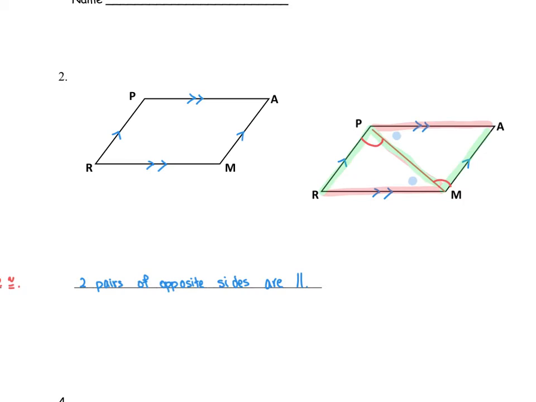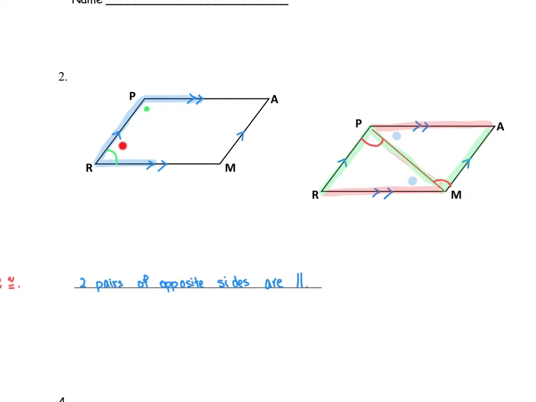And parallel lines could give me supplementary angles. So do you remember the U shape? In this case, those two angles, so APR and PRM, are called same side interior. So these two angles are going to be supplementary.